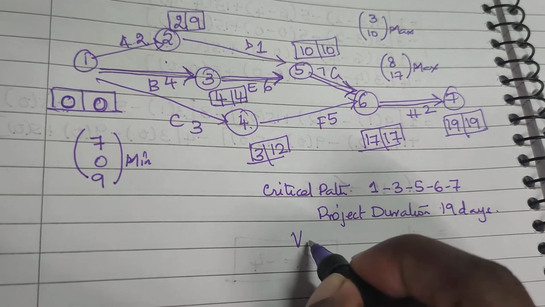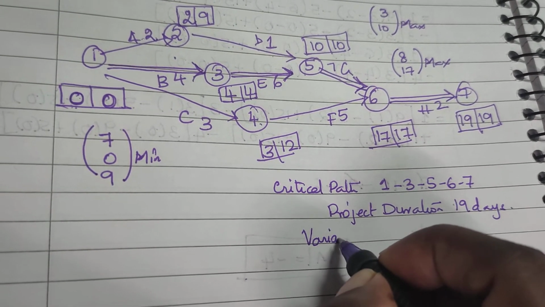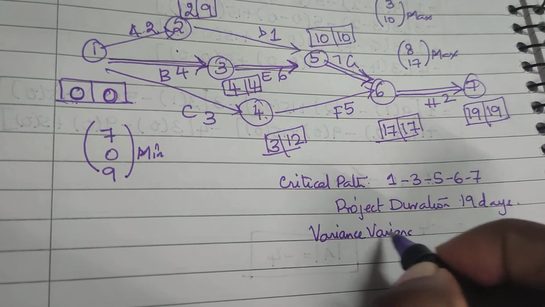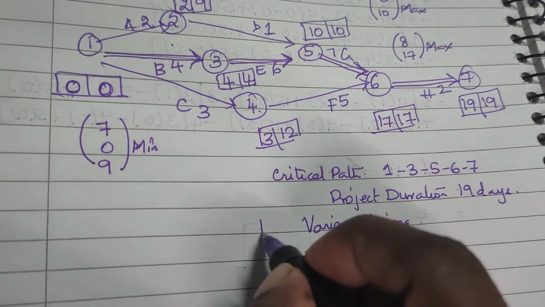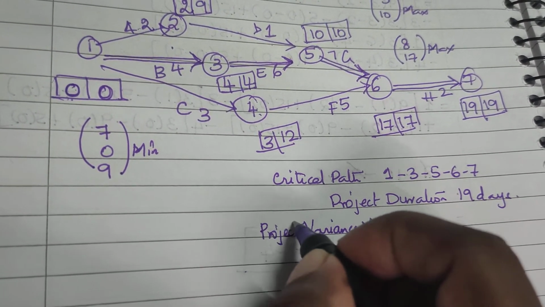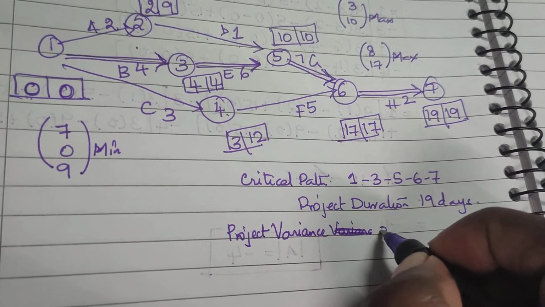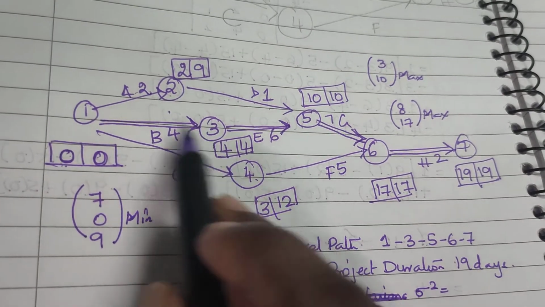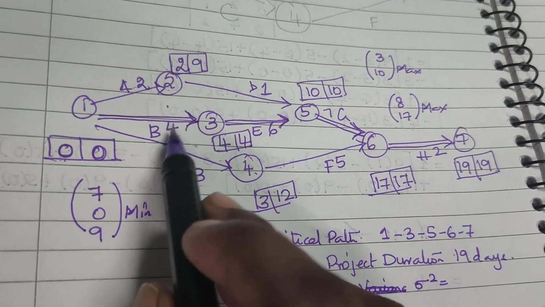Then I have a project variance. Project variance sigma square, that would be 1 to 3. Let me see, 1 to 3 is activity B, right?